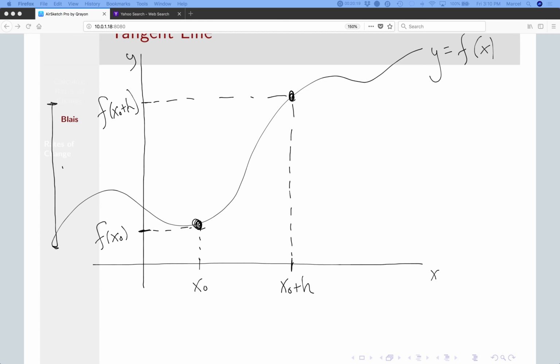And if we stay consistent with the colors from before, down here on the x-axis, to get the width of this interval, just take the right endpoint and subtract the left. x naught plus h minus x naught, that length is just h, or delta x.